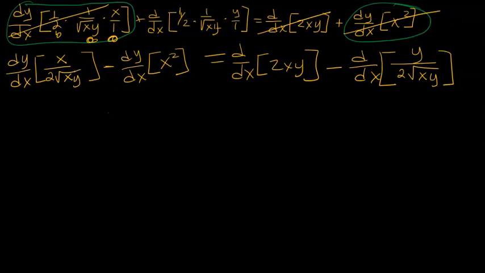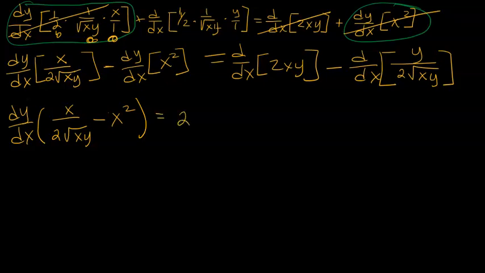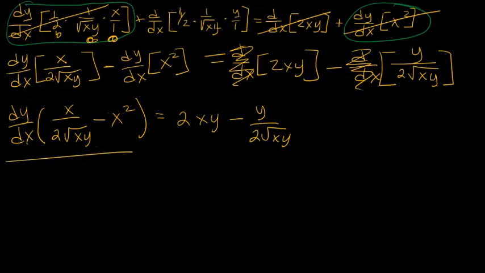Now all there's left for me to do is factor out dy dx. So I have a parentheses of 2 square root of xy minus x to the second equals 2xy minus y over 2 square root of xy. We can drop these, right? Once you start factoring out dy dx, you can drop the d dx. The final step is to simply isolate dy dx. So we're going to move all of this over.